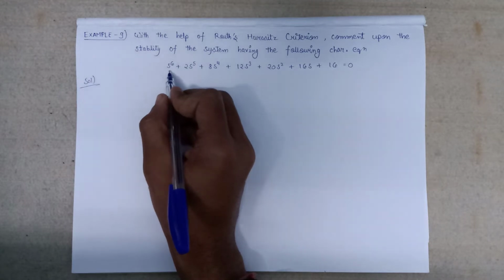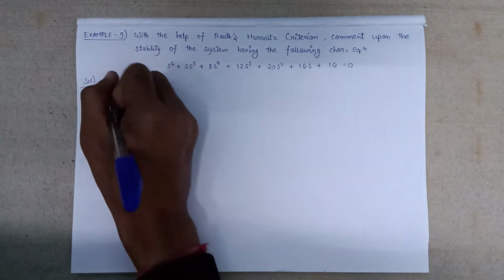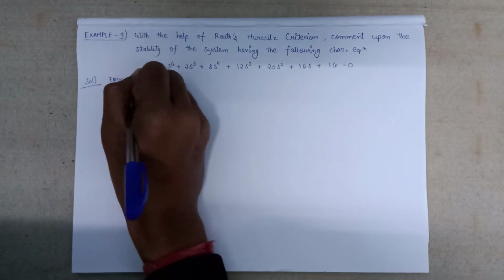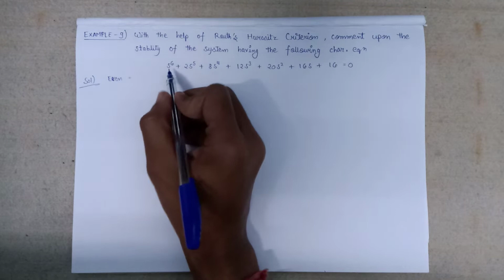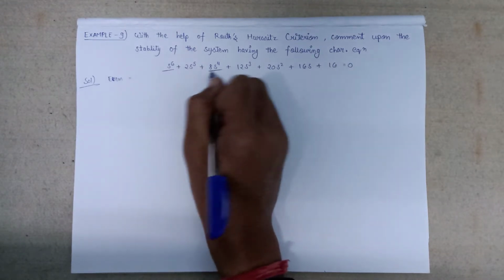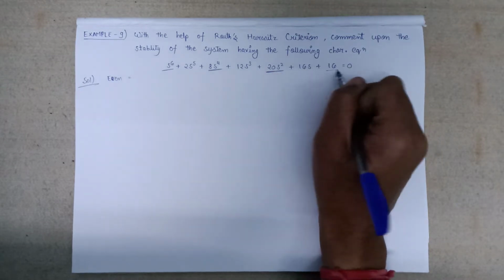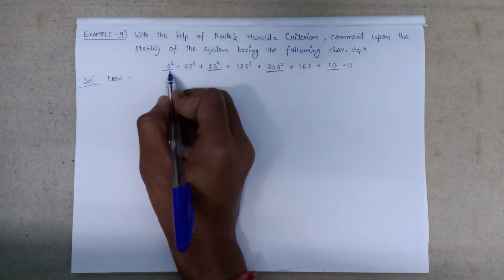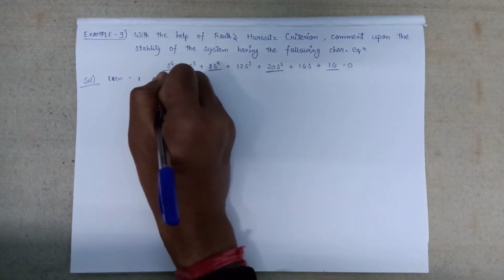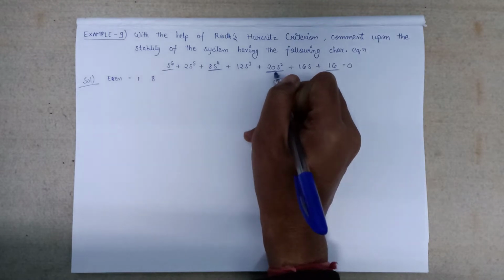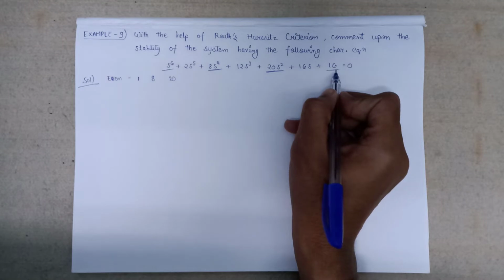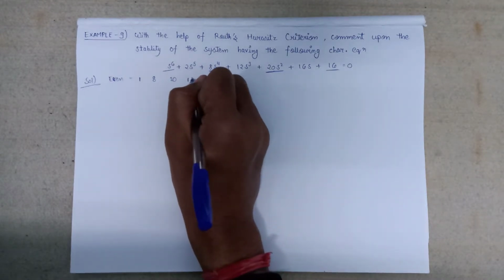Let's first write the coefficients of even powers of s. The even coefficients are s to the power 6, s to the power 4, s to the power 2 and s to the power 0. The coefficient of s to the power 6 is 1, of s to the power 4 is 8, of s to the power 2 is 20, and of s to the power 0 is 16.